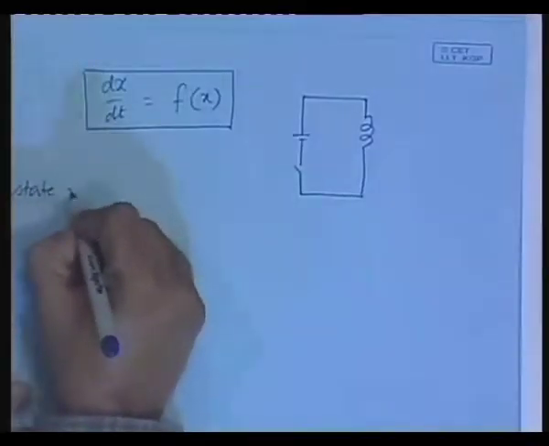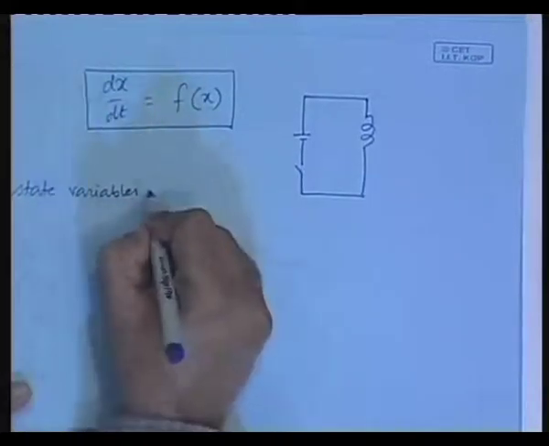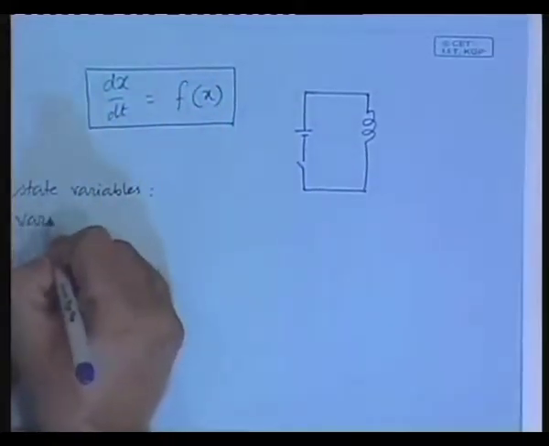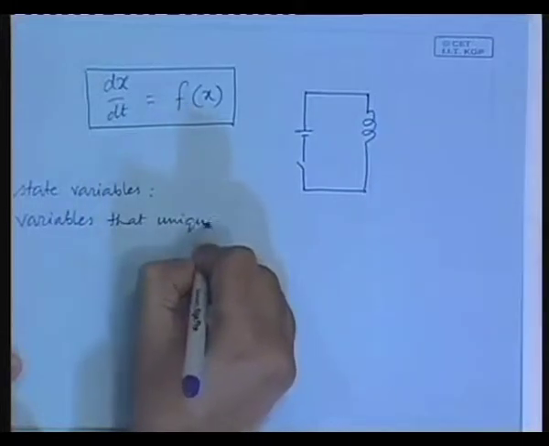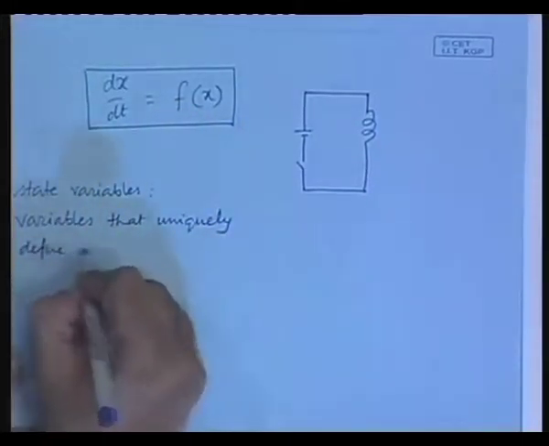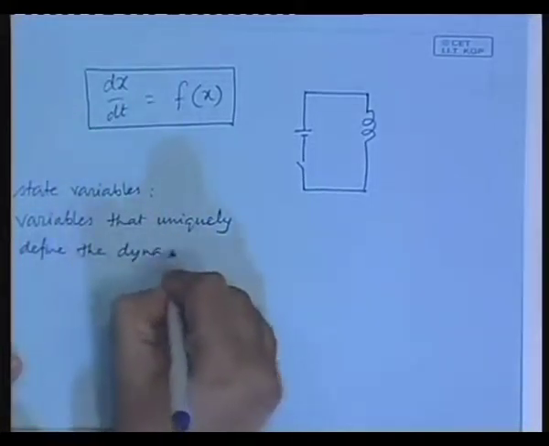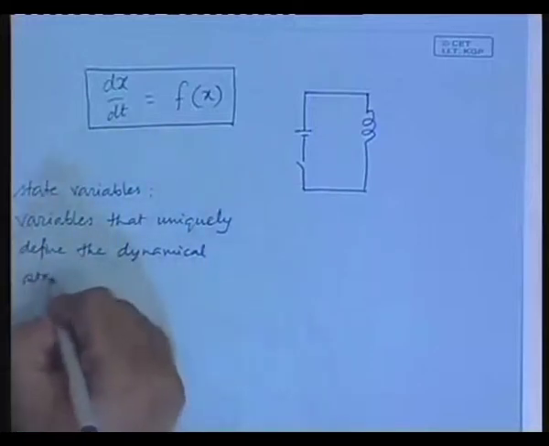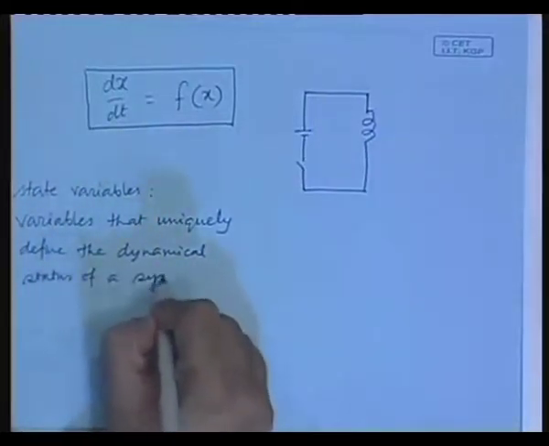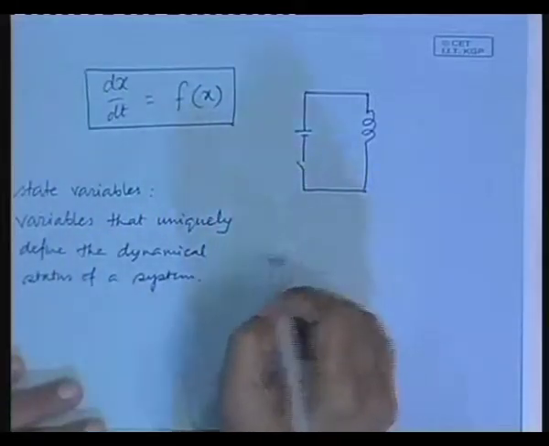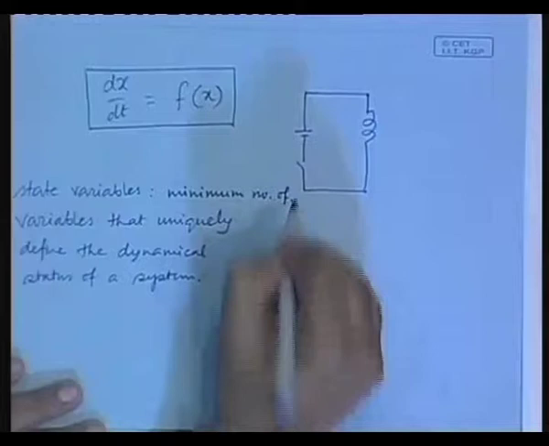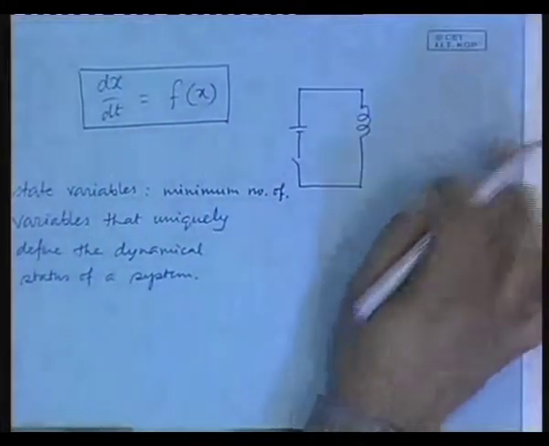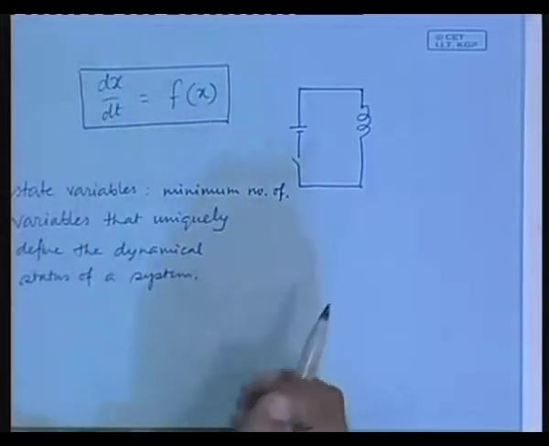So, the state variables are the minimum number of variables that uniquely define the dynamical status of a system.